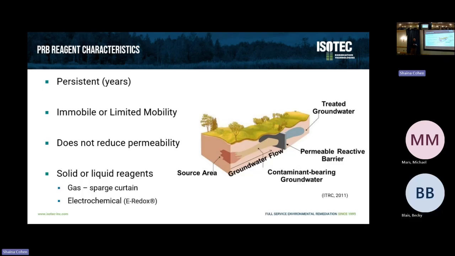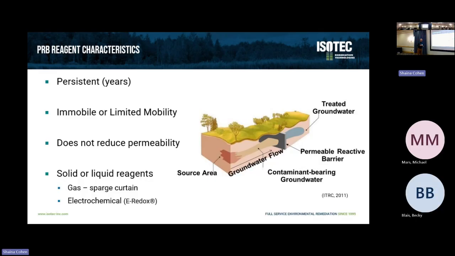Depending on what our contaminant is, and where it is, depth and the like, there are different reagents that can be applied for a PRB, but there are some common characteristics that all PRB reagents should have. Most importantly, it needs to be persistent. We want a PRB with a long lifetime, years, so that we can put that barrier in place and let it continue to react.